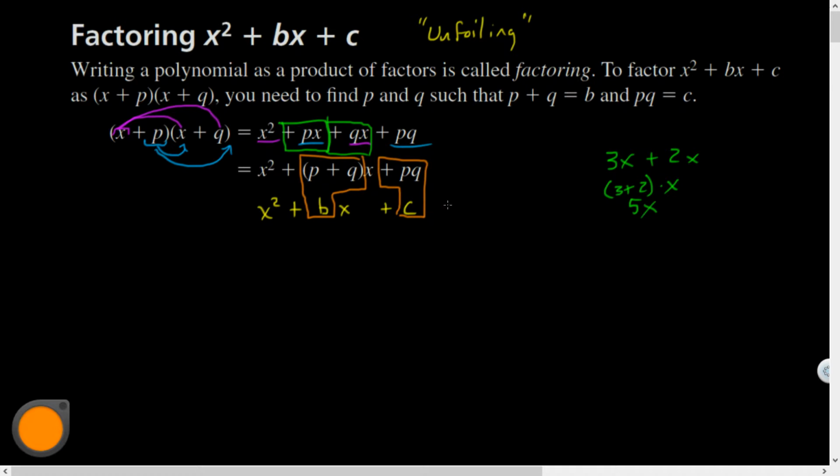So if I'm trying to work backwards and unfoil something, I want to find the numbers that multiply to be my c term and also happen to add to be my b term. That's what I'm looking for. So this is the origins of it. You don't need to know the origin story.